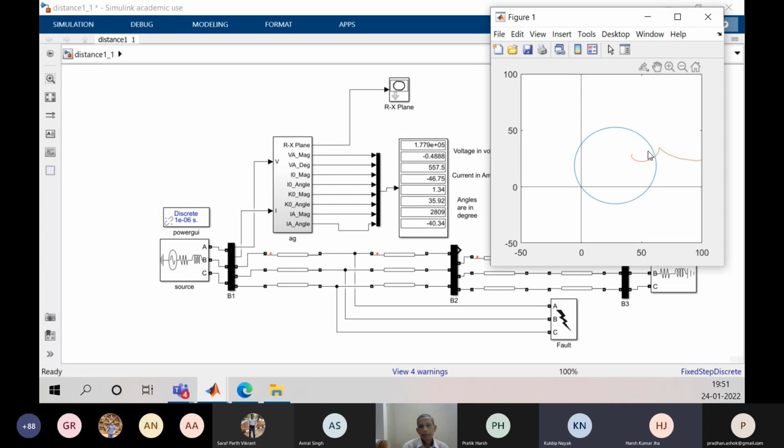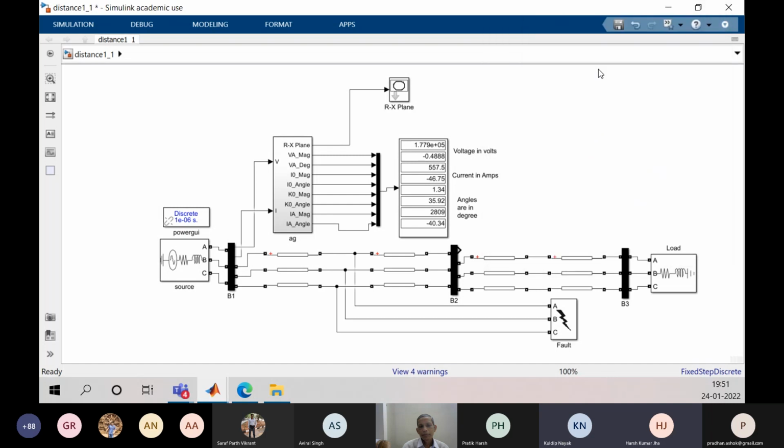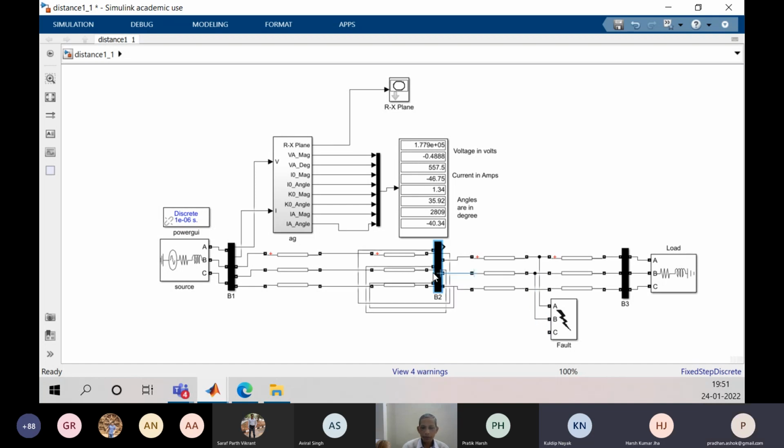So let me create another fault outside the zone 1. We can create it like this by connecting it here. That is F2 we can say.